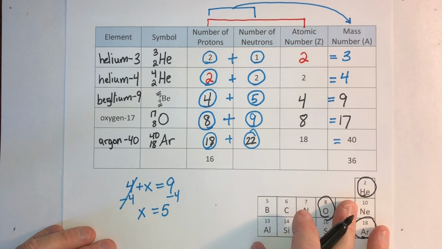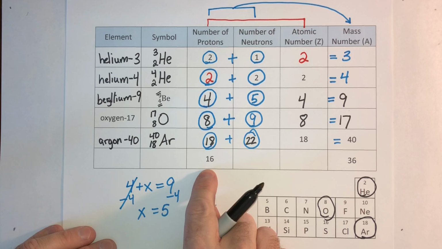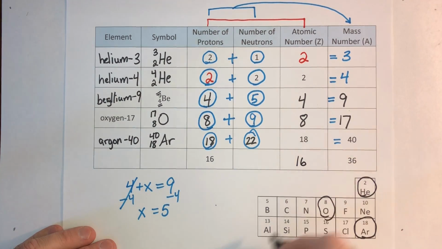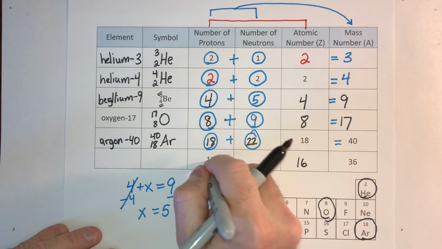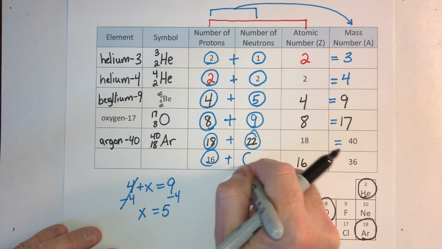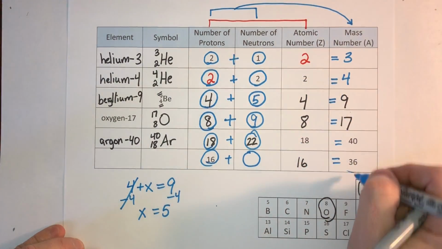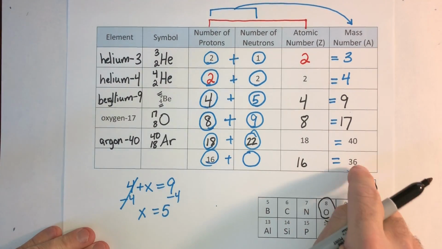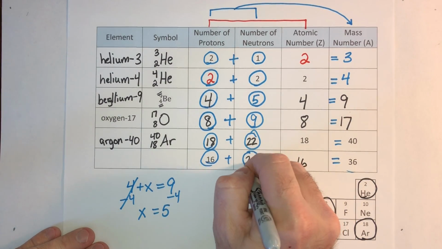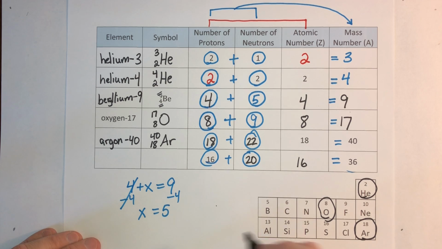And if we do the very last one, if you have 16 protons, then your atomic number is 16. 16 protons plus an unknown number of neutrons gives you a 36 total, right? Your mass number is the total. So 36 minus 16 gives me 20. And then I can write my name and my symbol.